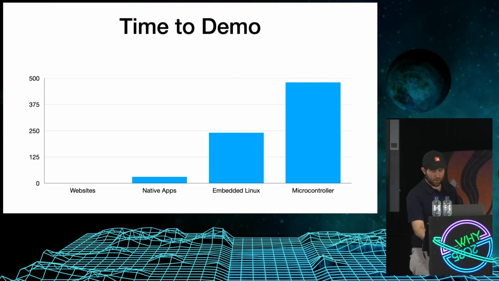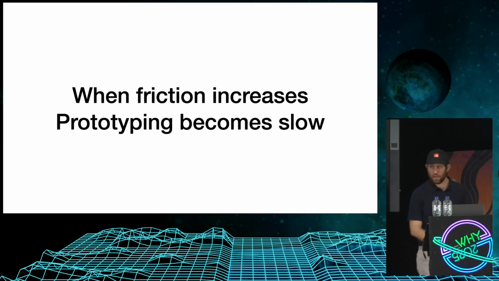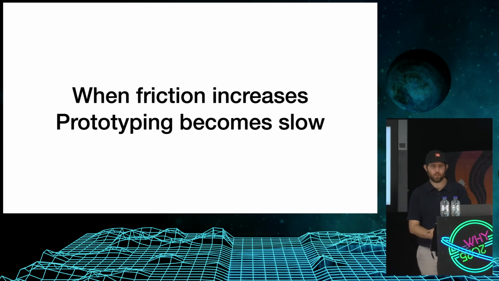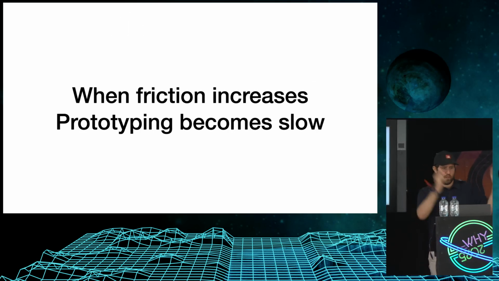So this adds a lot of friction. And anytime you add friction, prototyping becomes slower, because every cycle that you spend to build, debug, release, and get feedback on what your application is doing becomes painstakingly slow.